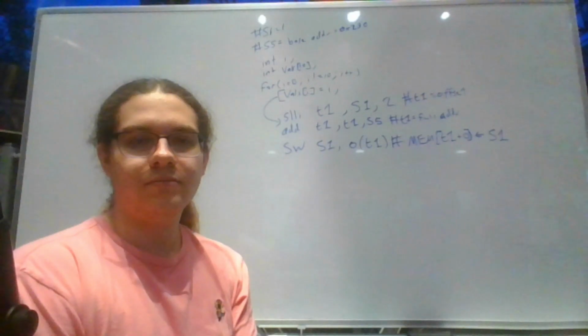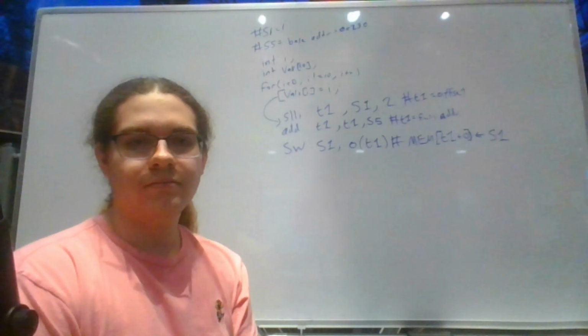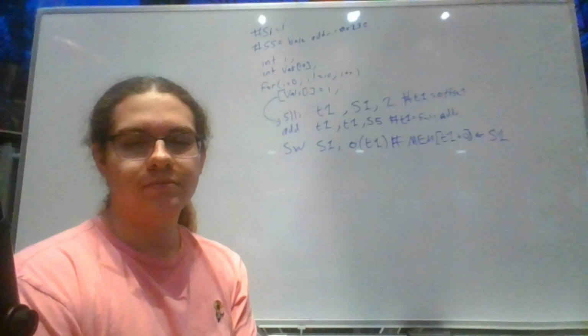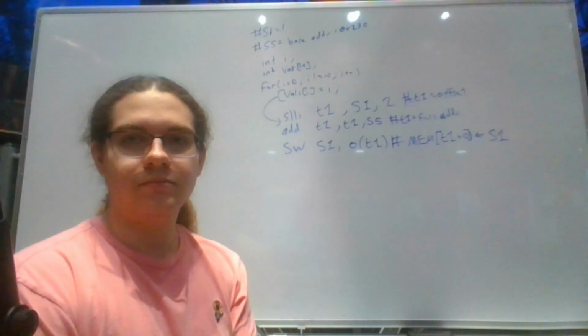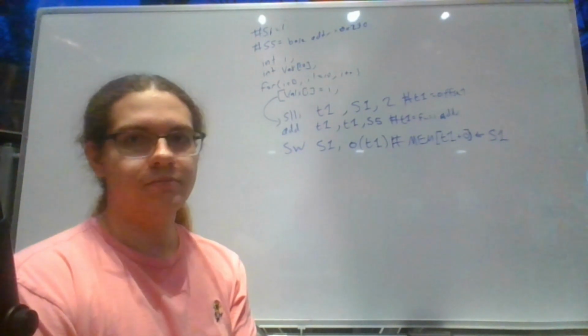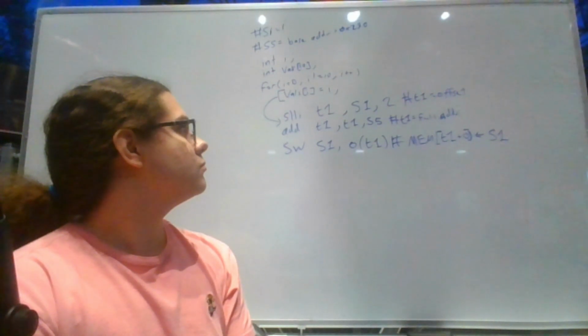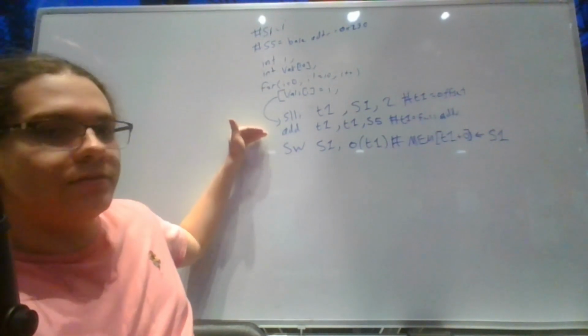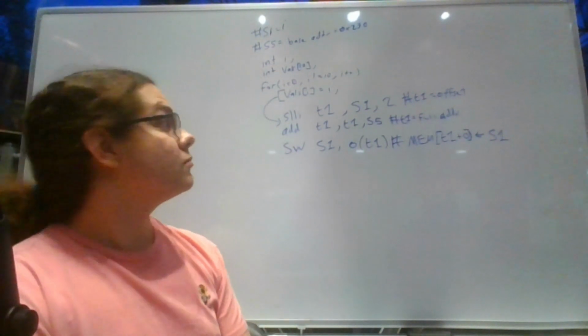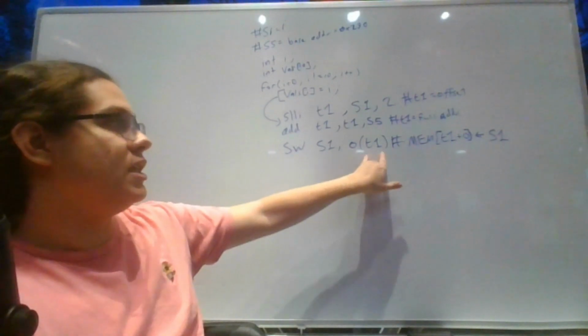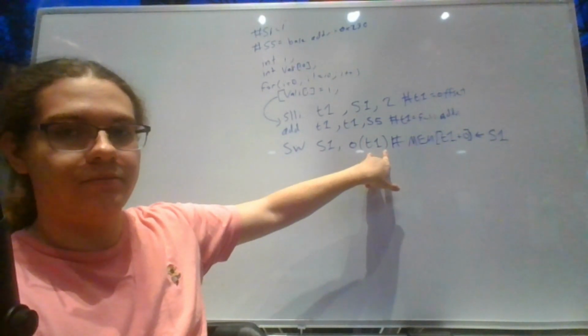So really quickly, should T1 in our board example get 0, 1, 2, 3, 4, or should it get the memory address of where I is? On which line of code? On the third one, SW. What should T1 be on this third line?